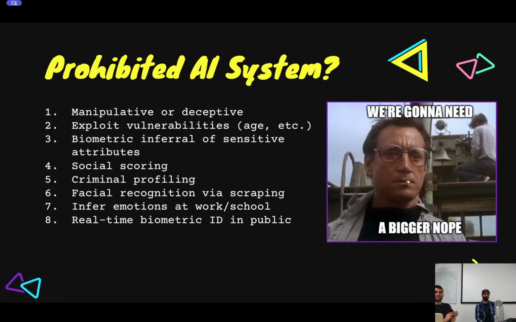Biometric inferral of sensitive attributes, so inferring ethnicity or race via biometrics, social scoring, criminal profiling, crime prediction based on personal traits, facial recognition via open scraping of the web, inferring emotions at work or in school, real-time biometric ID in public places. These are all prohibited, starting probably later this year.